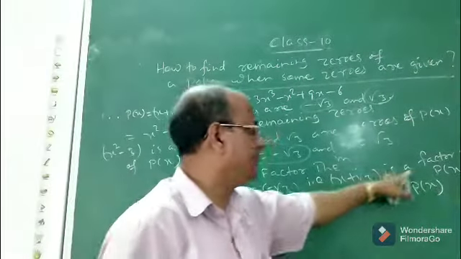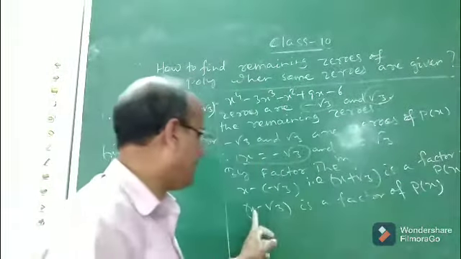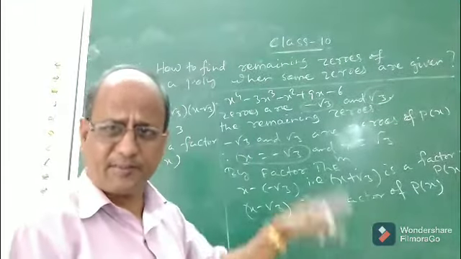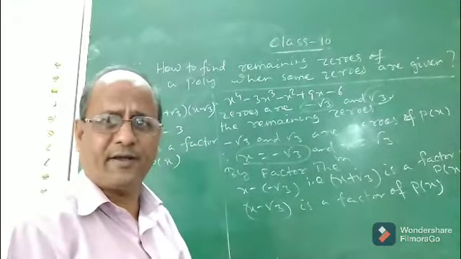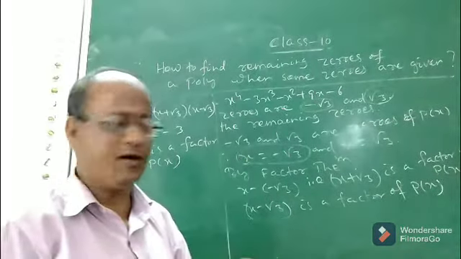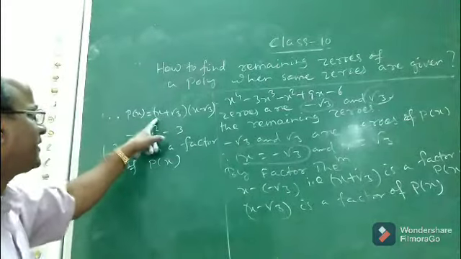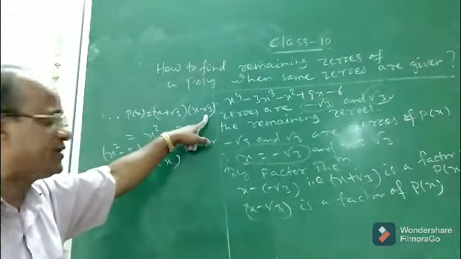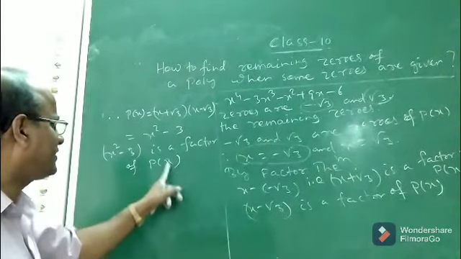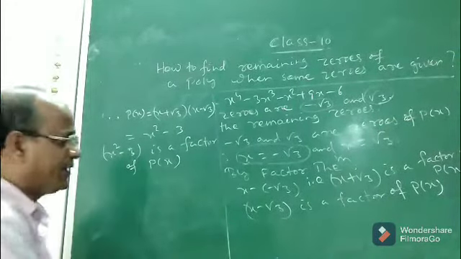So x plus root 3 will be a factor of p of x. Again, x minus root 3 will be a factor of p of x. If both are factors of p of x, then their product must be a factor of the given polynomial p of x. That I have written here: x plus root 3 into x minus root 3, which is equal to x square minus 3. And this x square minus 3 is definitely a factor of the given polynomial.